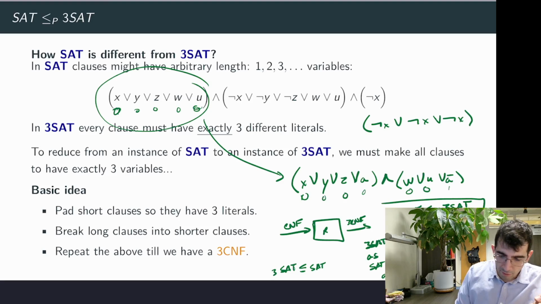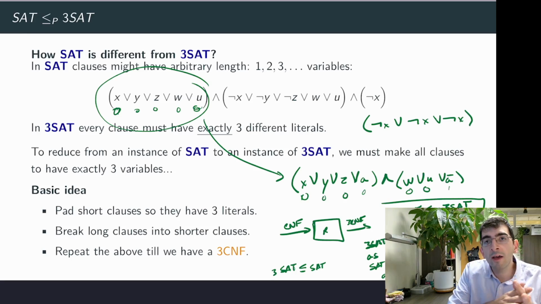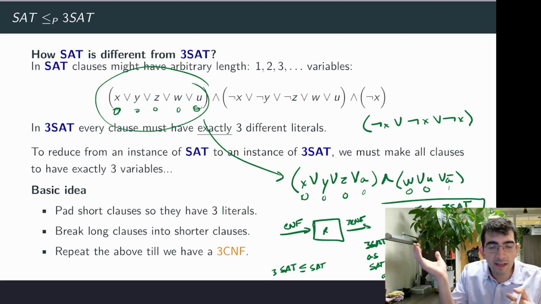Okay? So that's how you convert any SAT problem into a 3SAT problem. And that's why when people talk about SAT, they are usually referring to 3SAT, because you could reduce any longer SAT formula, even 100SAT, into a 3SAT problem. Okay?